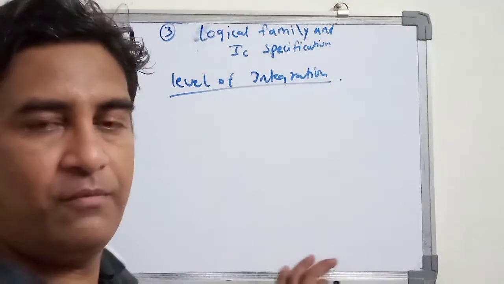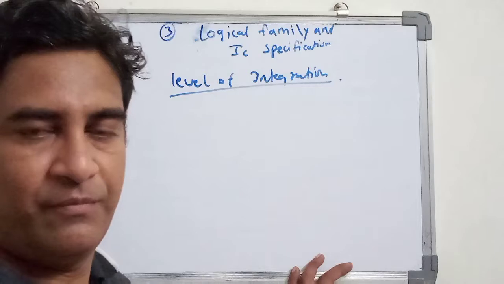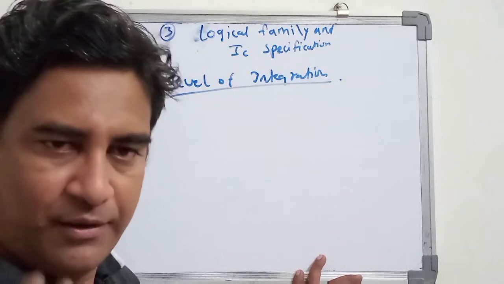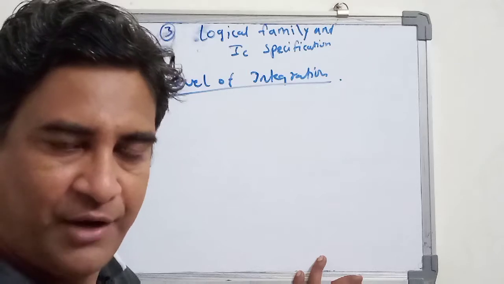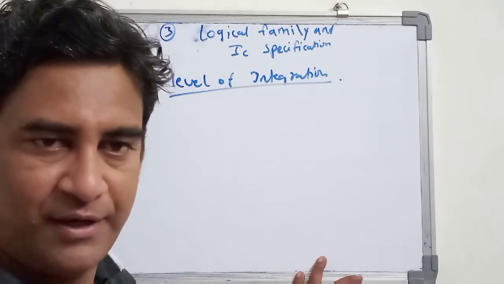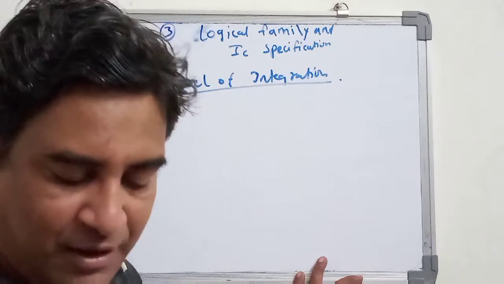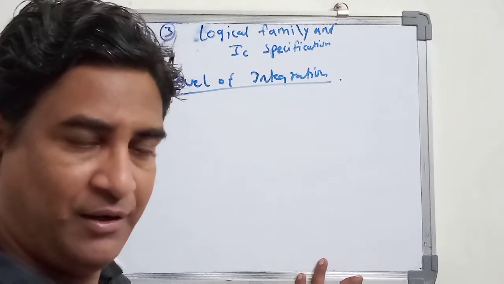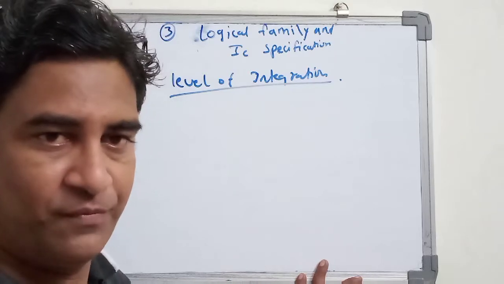Now, what are the different levels we are going to consider for the IC? There are five different levels, and how many gates are used in each level has been assigned.